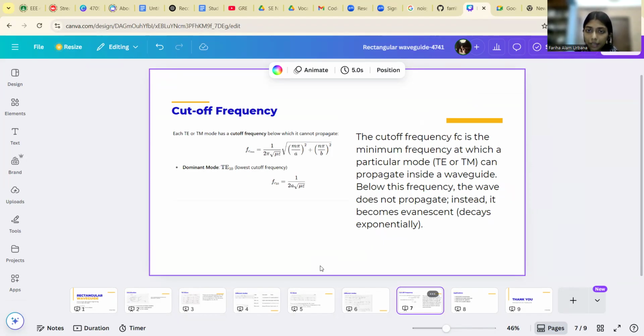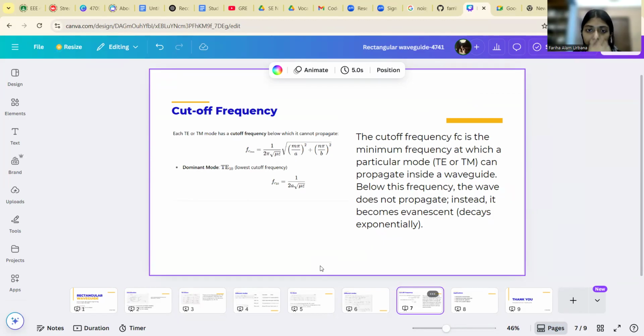For the general case, this term, the cutoff frequency, must be considered because below this frequency, the wave actually does not propagate. Instead, it becomes evanescent. That means if we consider a frequency below the cutoff frequency, the wave will not propagate along the rectangular waveguide. It will be evanescent, or it will decay exponentially.